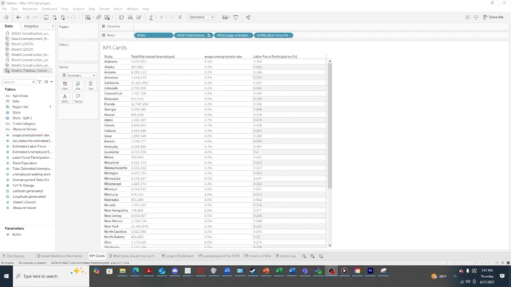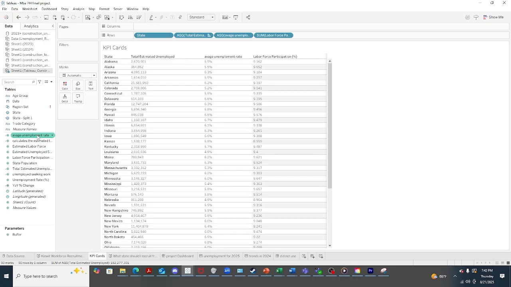Here's an example of some of my calculations of what I did, such as total estimated unemployment, labor force participation, YOY change, and forecast models.